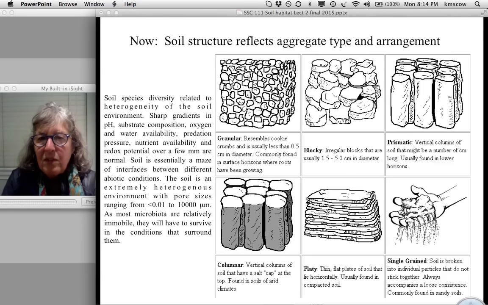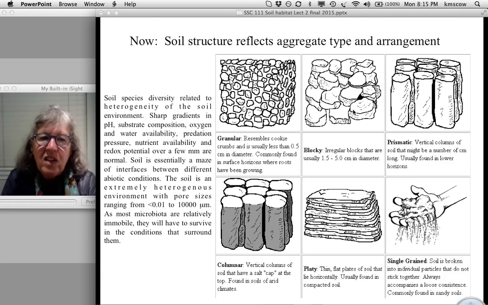And then we have this best situation over here, that when we go out to Russell Ranch, and I'll bring some aggregates sooner, where you have this granular soil structure that is very biologically derived. They say cookie crumb here, but these really nice aggregates have a lot of organic matter in them, and they have a lot of room for air and water to move among them and inside them as well.